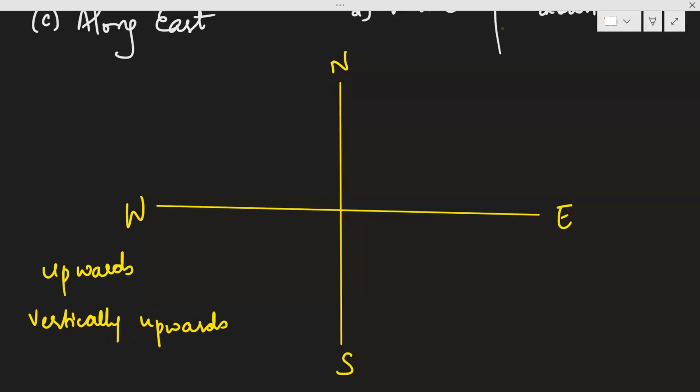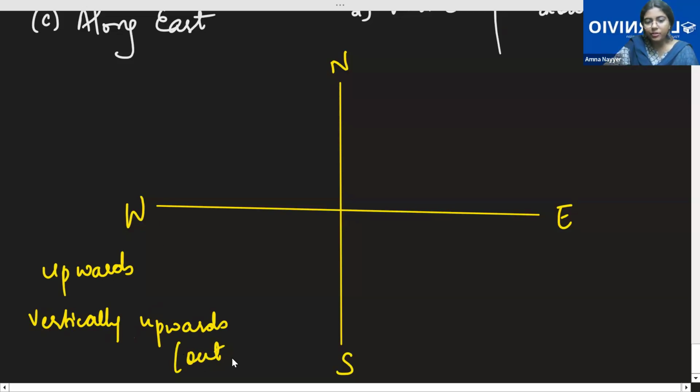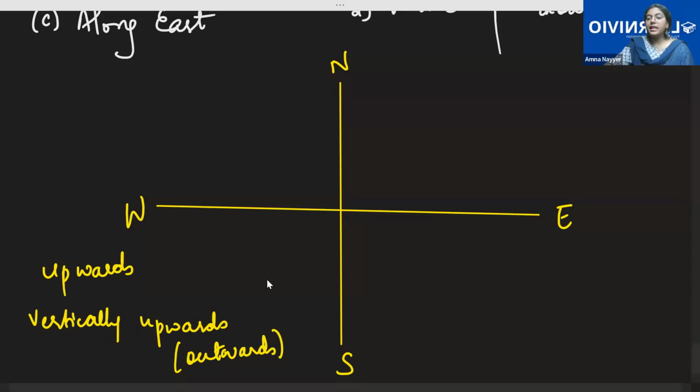Wherever this north is present, that is the up. Vertically up means that it is coming outwards, like along the z axis. So vertically upwards is actually known as outwards.